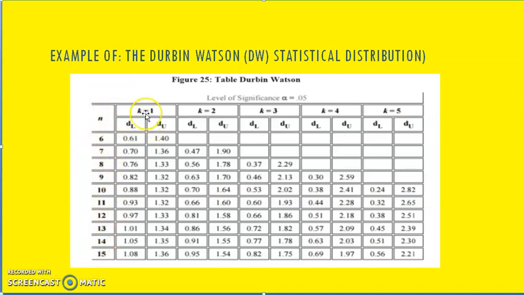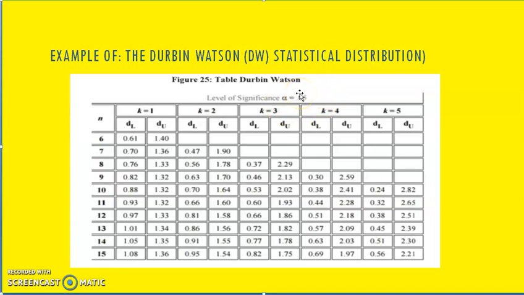You will be given, for example, k is 2 and the number of observations is 15, so the values for DL and DU would be 0.95 and 1.54. And you have to see here that the alpha value is 0.05, meaning 5%.